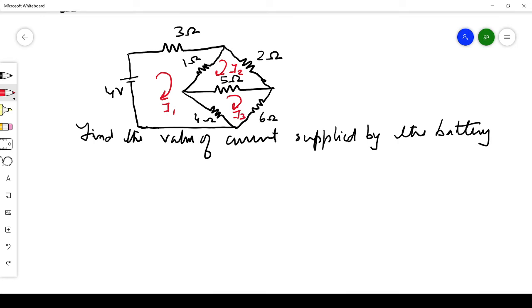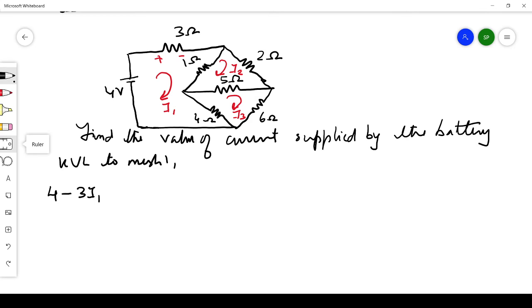Now we will write the equations for each mesh separately. Let us apply KVL to mesh 1. Starting from 4 volt, and the drop across this 3 ohm, the current is from positive to negative, so it will be 4 minus 3 into I1.